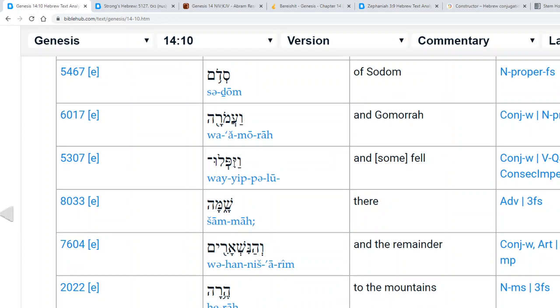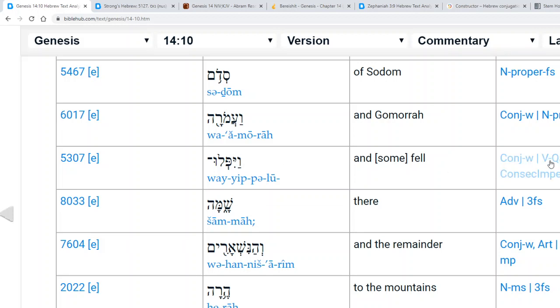Vayiplu. So conjunctive vav, the yud puts it in the imperfect, but it's getting flipped. The vav tells you it's in the third person masculine plural. The root here, I would say, is nun pe lamed, which means to fall. Vayiplu, and they fell.